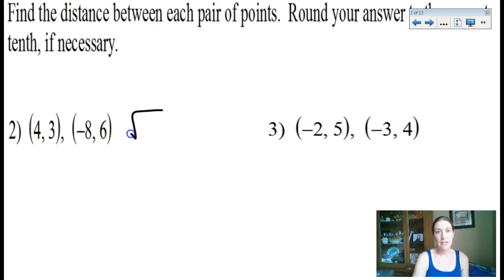So here, the distance between my x's, if I think about a number line, -8 to 4 is 12 units. So regardless of the order in which you came up with that 12, it doesn't matter because we're about to square it. And I always leave off negatives because it makes my calculations a little easier. And then for the y's, the distance between 3 and 6 is 3. So then we're going to calculate.